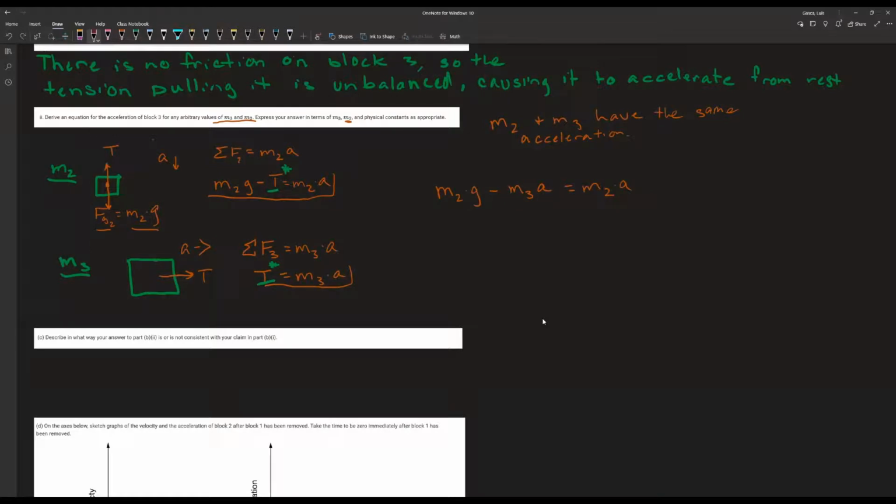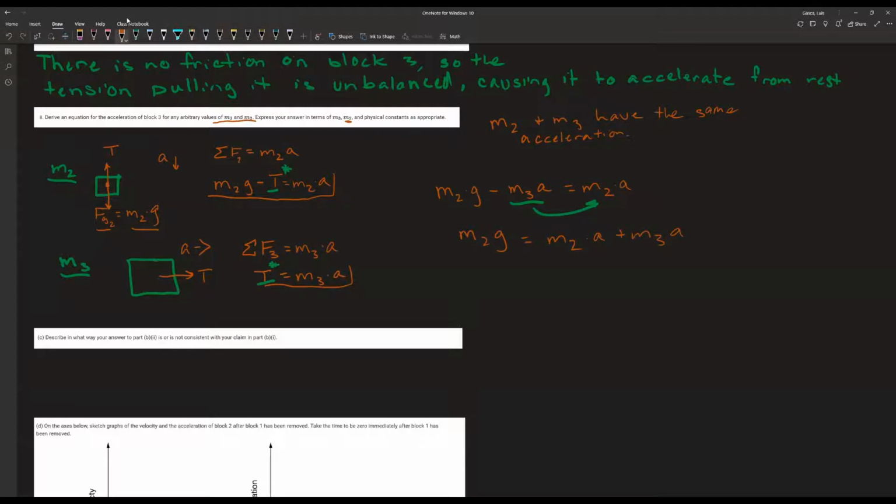Okay, so what do we do from here? We can go ahead and rearrange this monster. We're going to take M3A, move it over, and we get M2G equals M2A plus M3A.